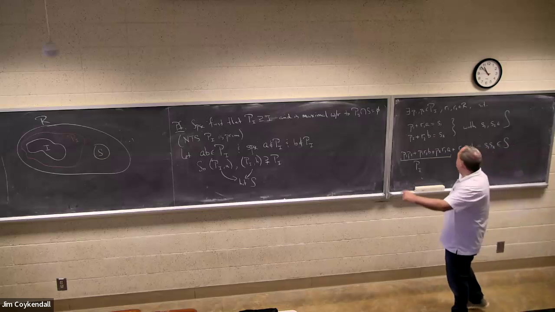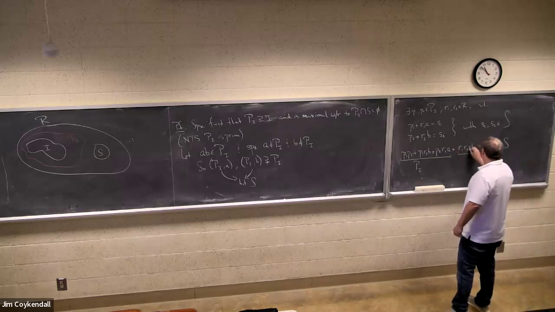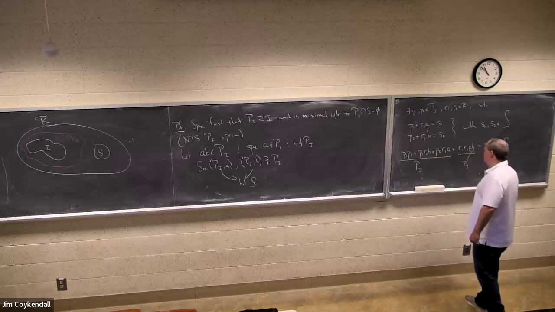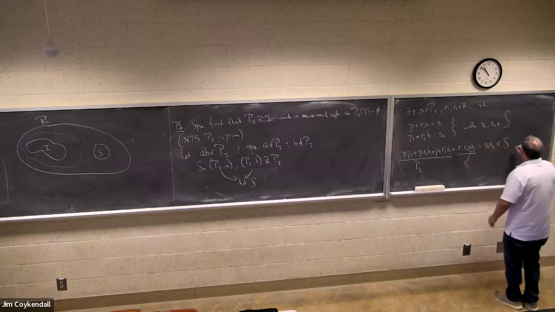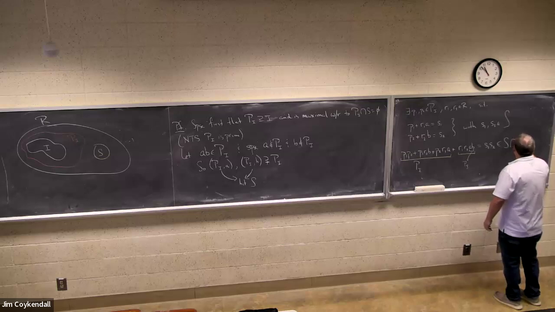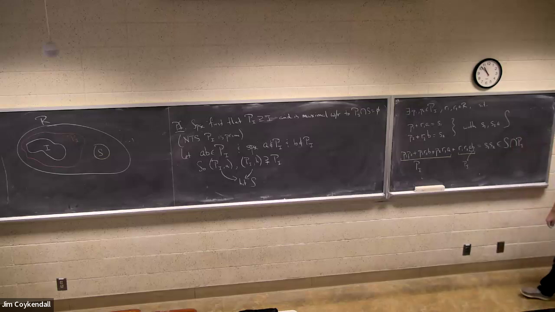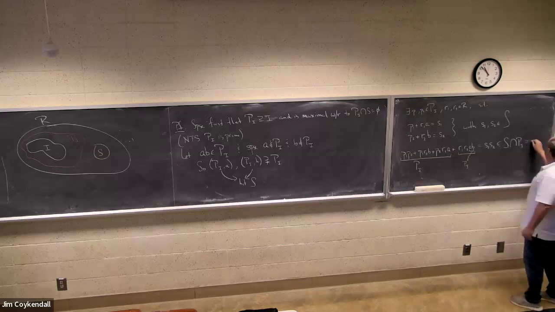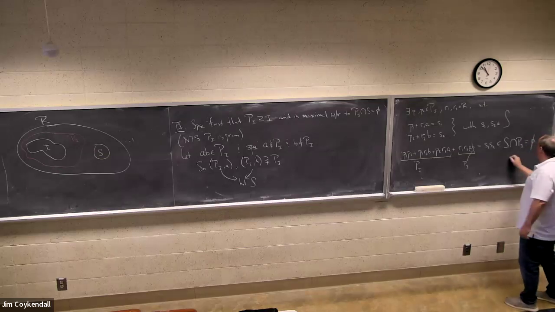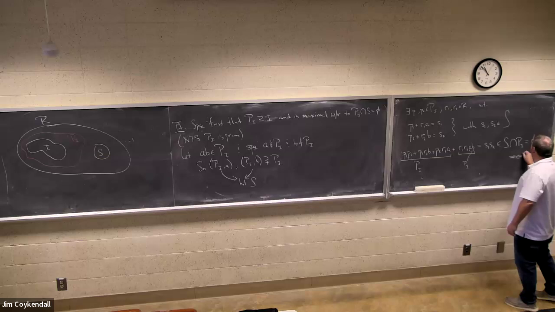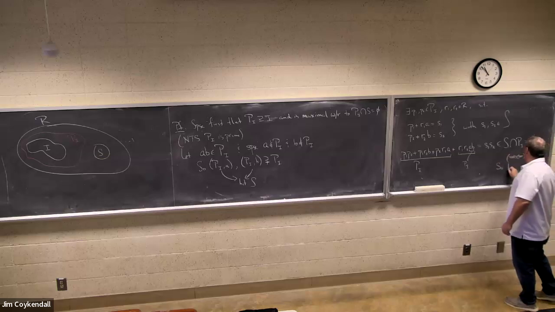By our assumption that AB is in here, this is also in P sub I. So this thing is in S intersect P sub I, which is the empty set, and then contradiction. So P sub I is prime.